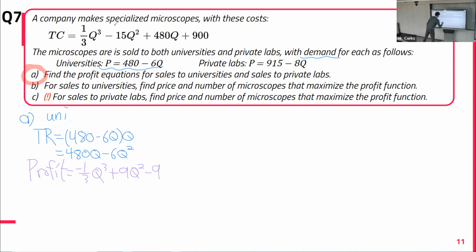Minus 960Q. Wait, 960Q. 900. So we have no Q term. So we have a Q cubed, Q squared, no Q term.